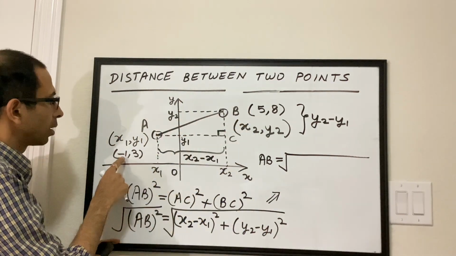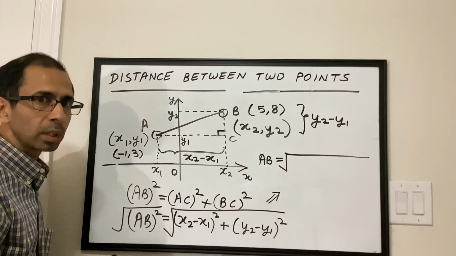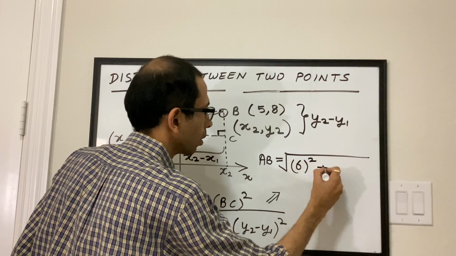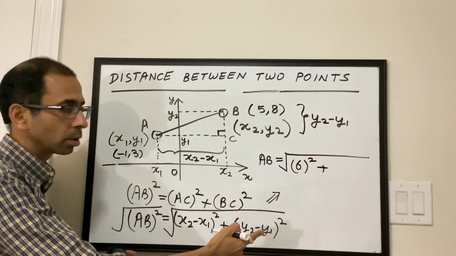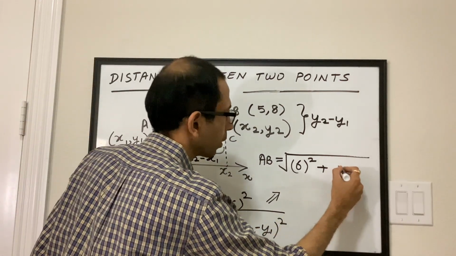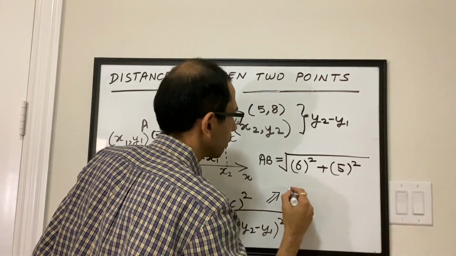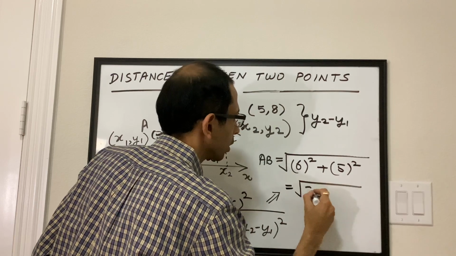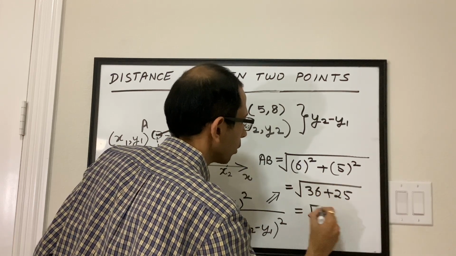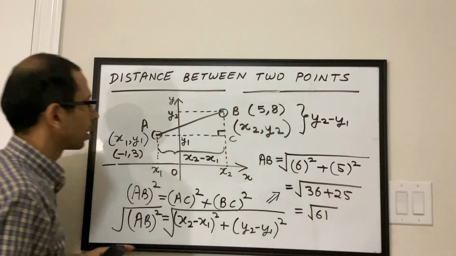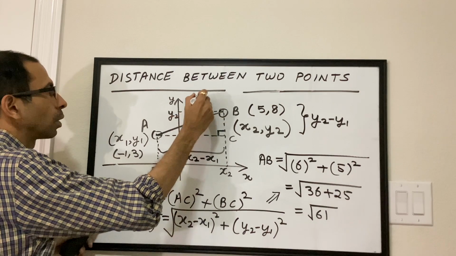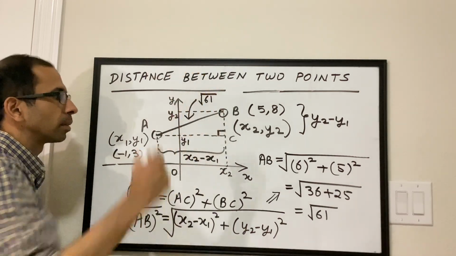So 5 minus of -1, which is 5 plus 1, which is 6 square, plus y2 minus y1 whole square. 8 minus 3 is 5 whole square, which is nothing but 36 plus 25, and which comes out to be 61. Hence, in this particular example, the length of AB comes out to be square root of 61.